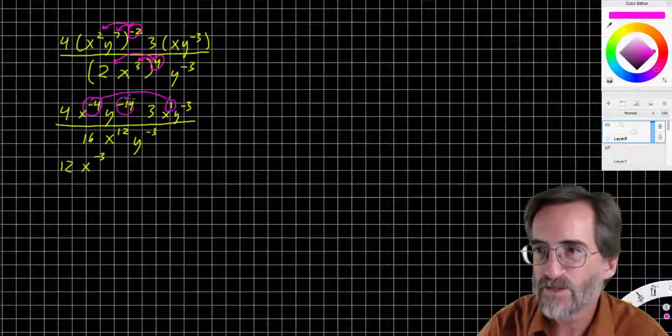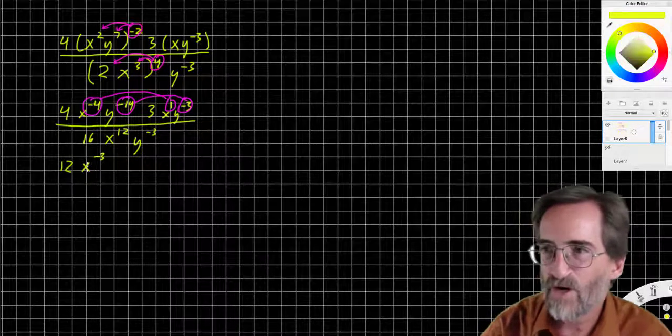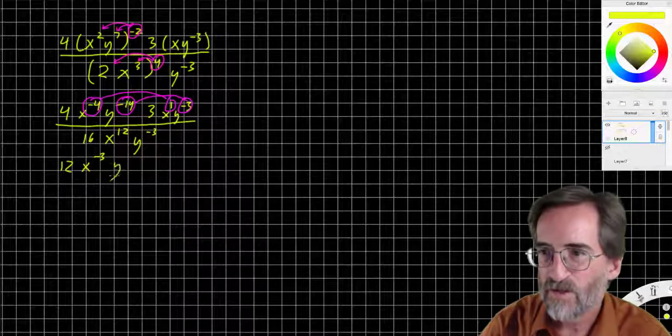And we're going to do the same with the y's. Y to the negative 14th times y to the negative third is y to the negative 17th. All over 16x to the 12th, y to the negative third.